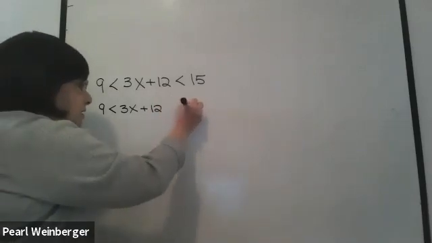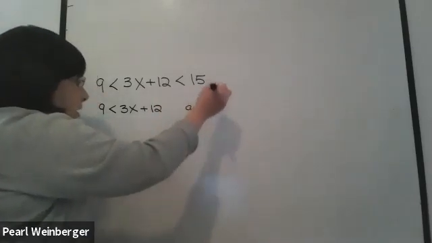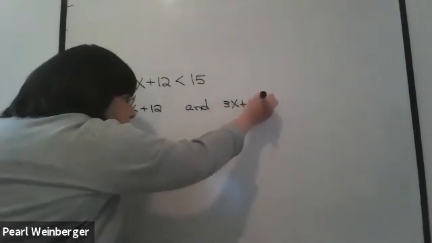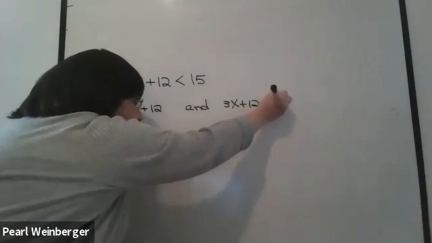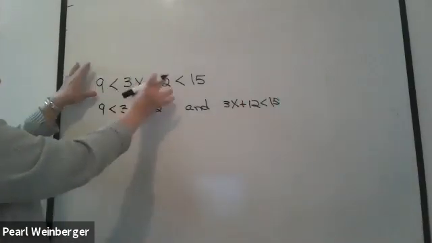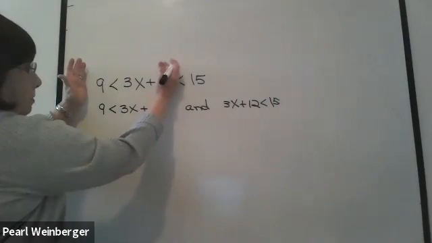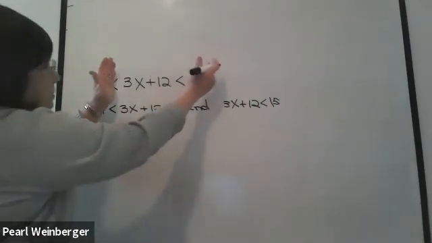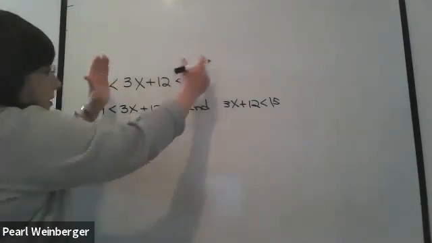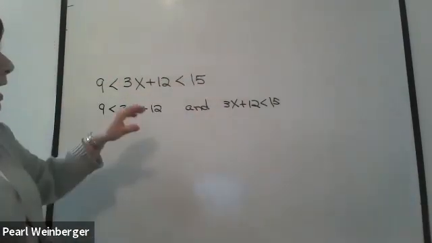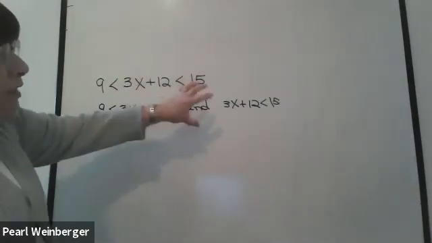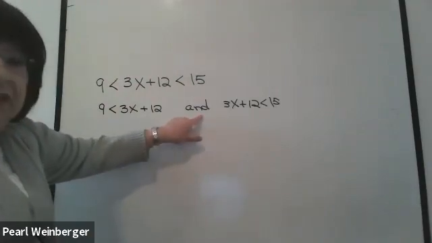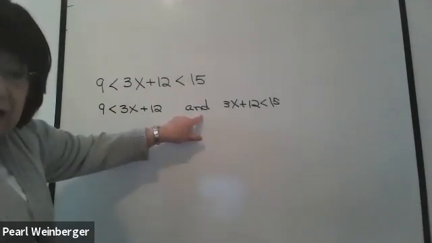And the second inequality is 3x plus 12 is less than 15. There are actually two problems being written here. There's this problem, 9 less than 3x plus 12, and there's this problem, 3x plus 12 is less than 15. And the fact that it's being used as a double inequality indicates that both of these things are happening at the same time.